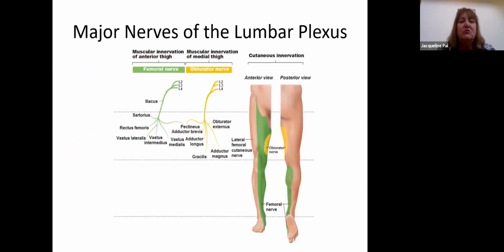So the femoral nerve is giving innervation to all those quadricep muscles plus a few other ones, whereas the obturator nerve is giving innervation to all the muscles that have to do with adduction. Looking at the skin innervation, everything in the medial aspect of your thigh, where the two thighs would touch together if you were adducting them, is going to be sensory innervation of the obturator nerve, whereas the anterior thigh and continuing down the medial aspect of the leg is all going to be femoral nerve.